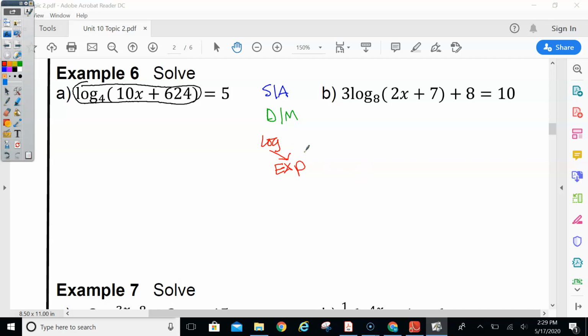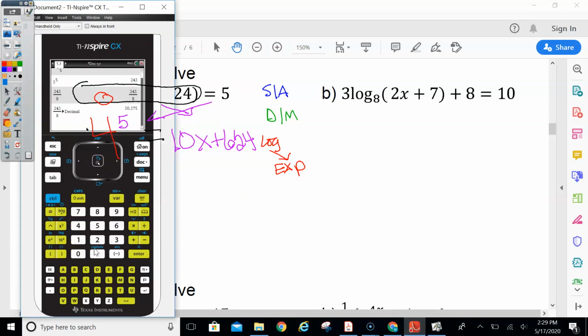So how do we make this an exponential? Well, you take the base, and then you switch the other two around. So the base comes down, and the exponent and the argument switch. So 5 here, and 10x plus 624 there.